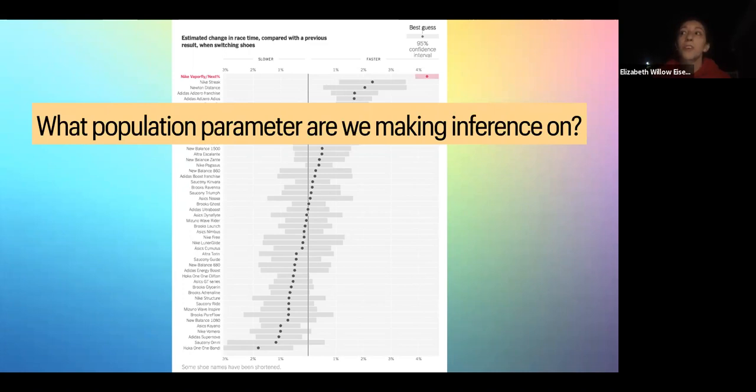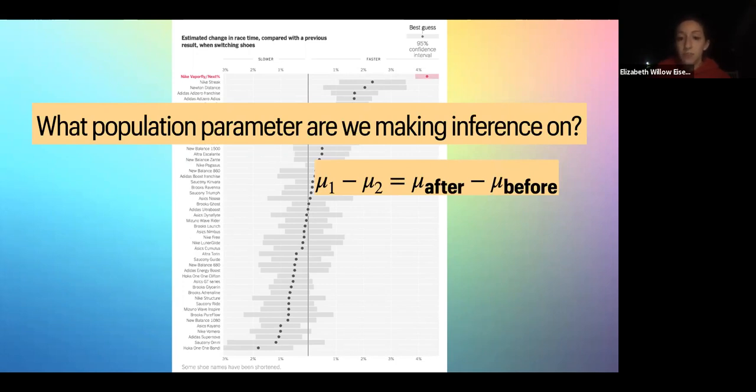Because difference in proportions would mean we're looking at the difference between two things that are like proportion of blank. This is not a proportion of anything. It's time. It's the measured time. So when we have time, we're always going to be talking about means. So the population parameter here is the change in means.